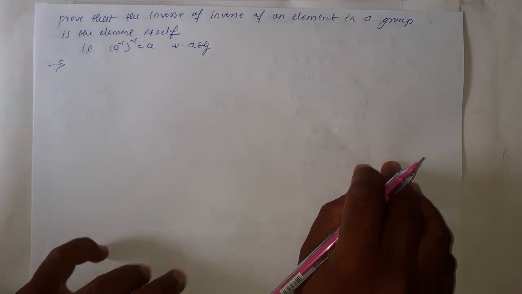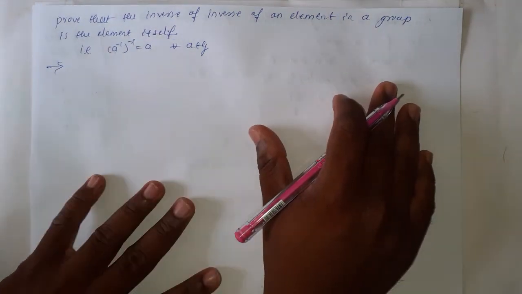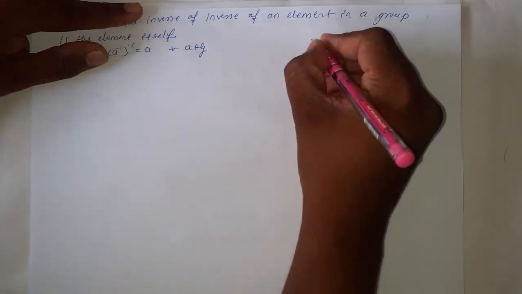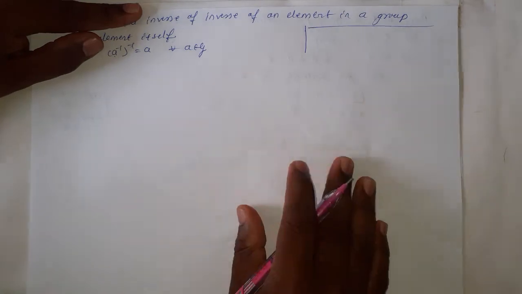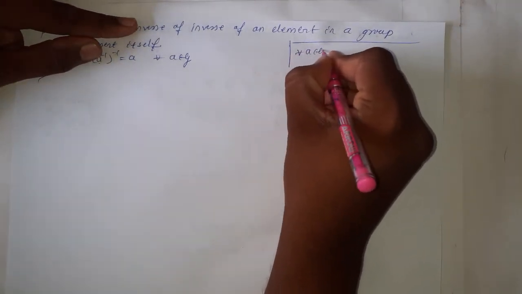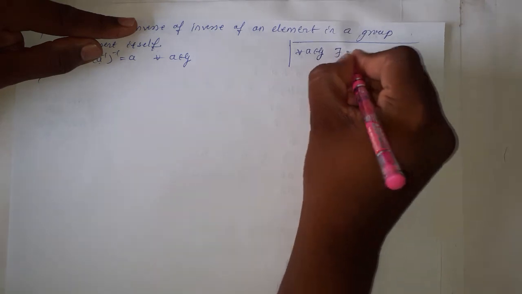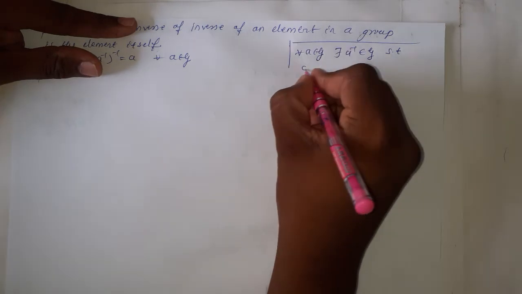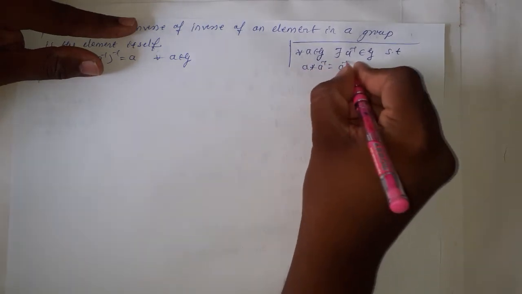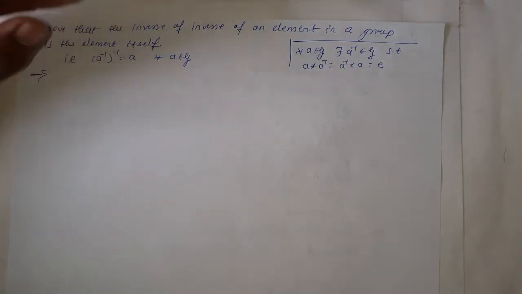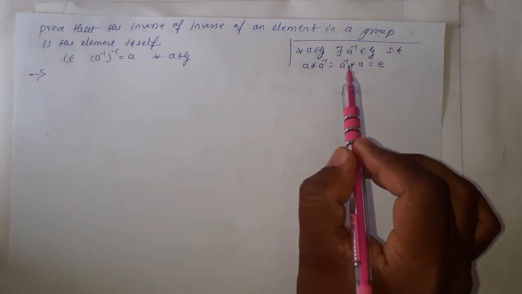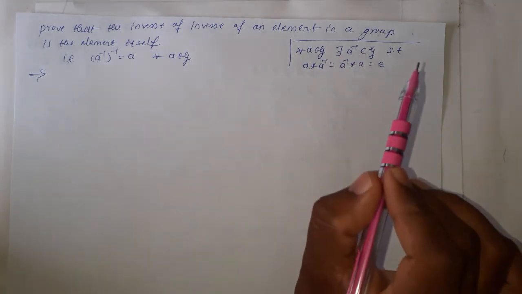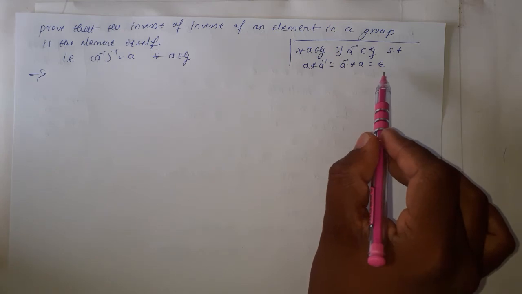Before proving this theorem, let us discuss the statement of the inverse law. Here for all A belongs to G, there exists A inverse belongs to G such that A star A inverse equal to A inverse star A is equal to E. It means that A inverse may be post multiplied or pre multiplied to the given element, and the result must be equal to the identity element.